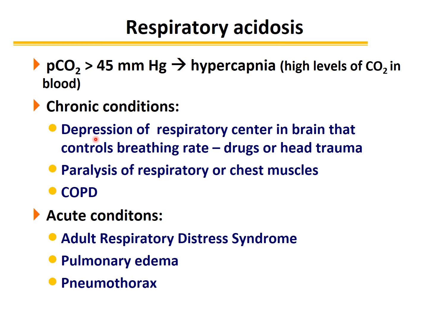We have a lecture about respiration, and there you will hear the causes and the mechanism of this respiratory problem. In acute conditions, for example adult respiratory distress syndrome, the ARDS, which is now a result of this coronavirus infection, or pulmonary edema, or pneumothorax, all of these acutely alter the respiration and will increase the PCO2 level suddenly.